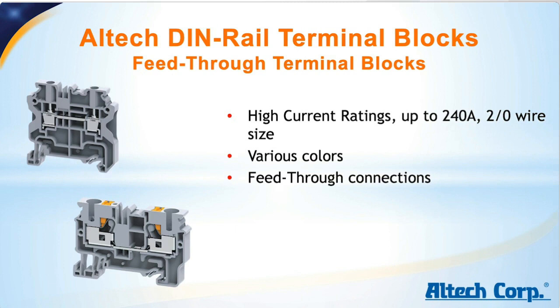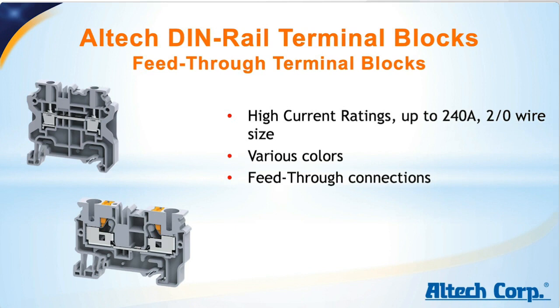As you can see here on the picture, there's one terminal on one side of the terminal block where a wire is connected, and that terminal is then connected through a current bar to the other side of the terminal block where there's another terminal, and here the outgoing wire that's distributed into a panel is connected.